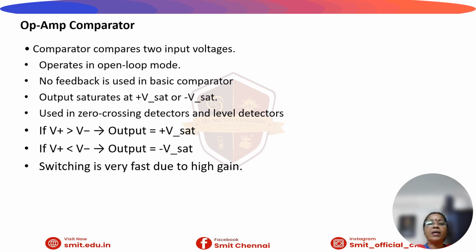V plus and V minus are the two input voltages given to the non-inverting and inverting terminals. If V plus is less than V minus, output is minus Vsat. The switching between plus Vsat and minus Vsat is very fast due to the high gain of the op-amp.